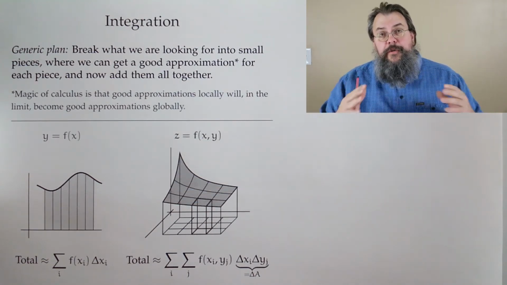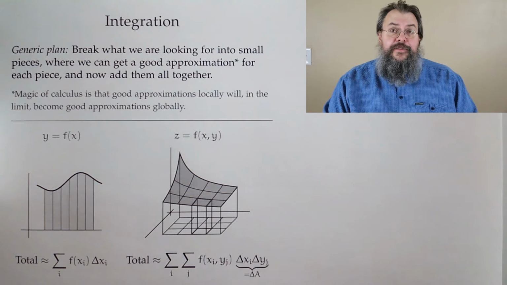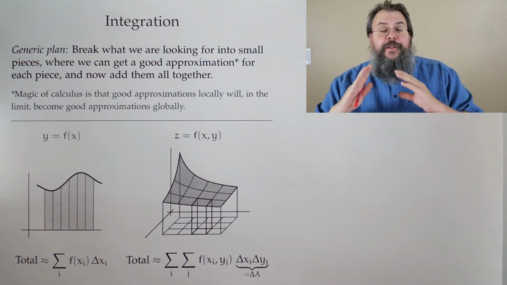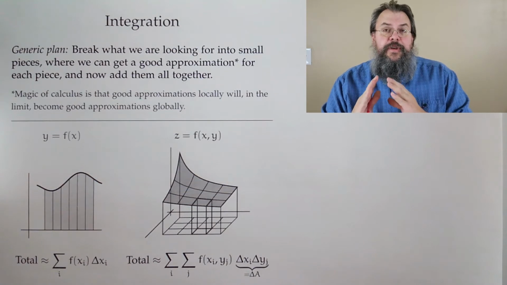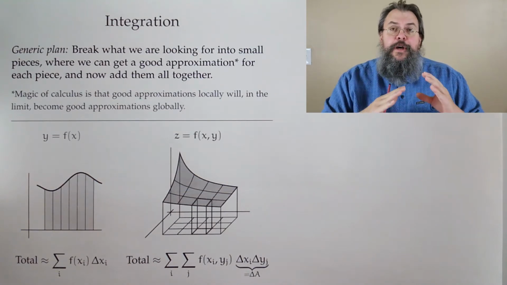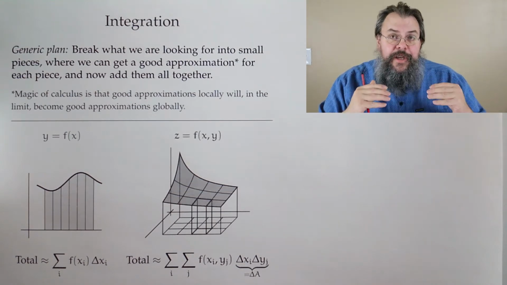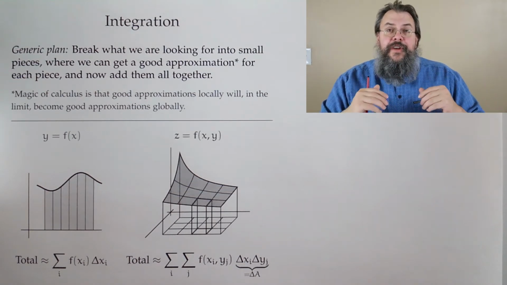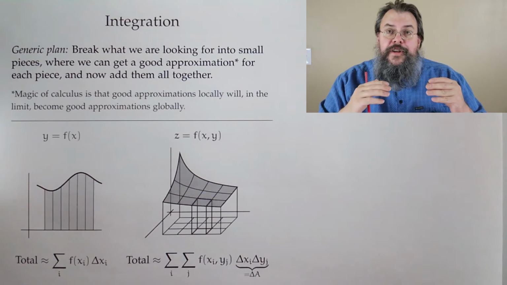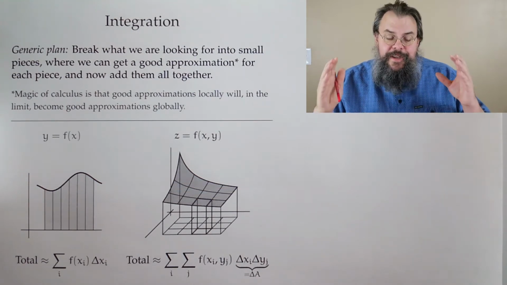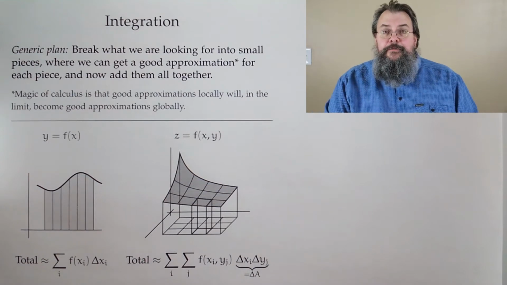And then we put them all back together, and life is good. Now, the cool thing about calculus is, hey, really good local approximations for small pieces, when you add them up, become great approximations for the totals. And as you make better and better approximations, your total approximation becomes perfect. That's the beauty of calculus.